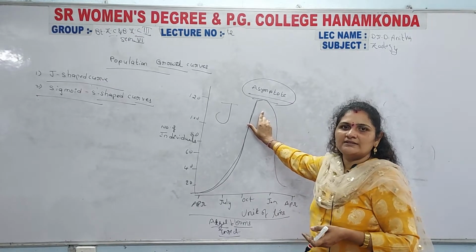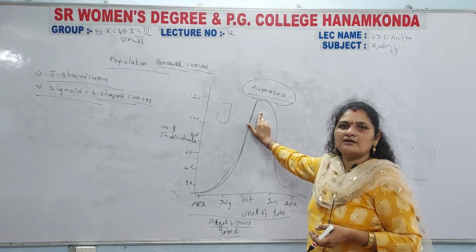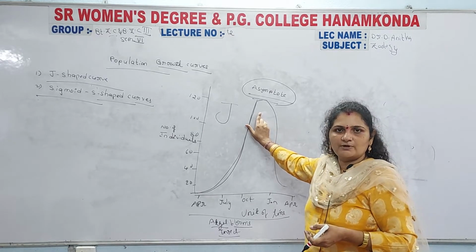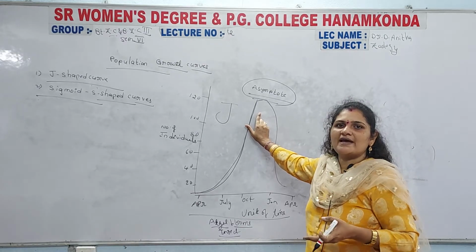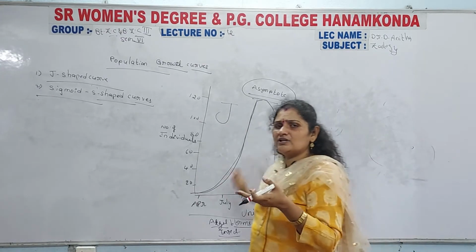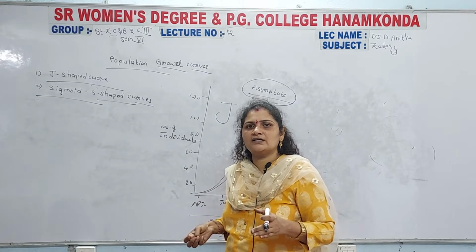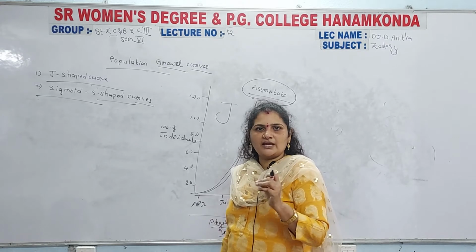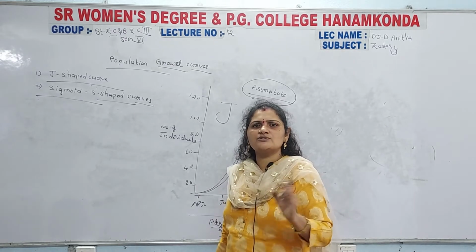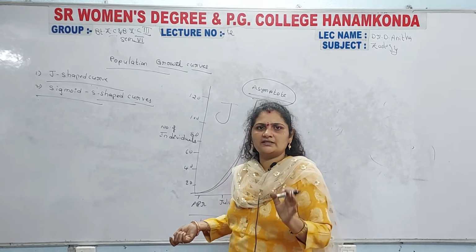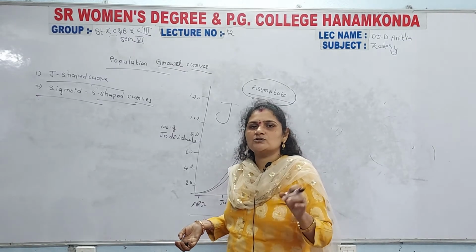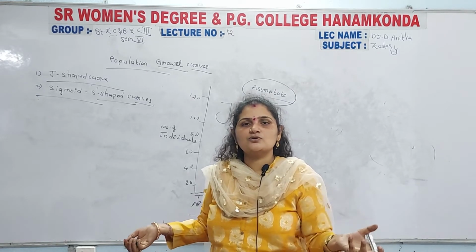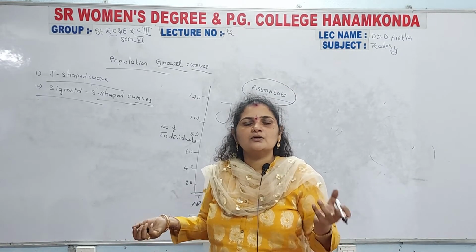Then immediately after reaching the asymptote stage, the population collapses at some point. Suppose one acre of land can hold only some 100 people as its maximum capacity. If we bring in other people, 100, 200, 300, then what happens is the population is going to collapse.